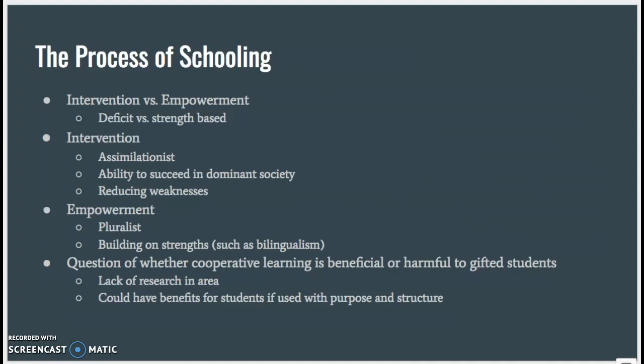So if a student was not a native English speaker, allowing them to do work and build both their native language and English language skills, and allowing both of those strengths to come out in the classroom instead of only focusing on the English language. And so this is a strengths-based approach.